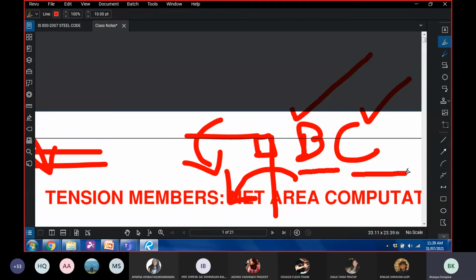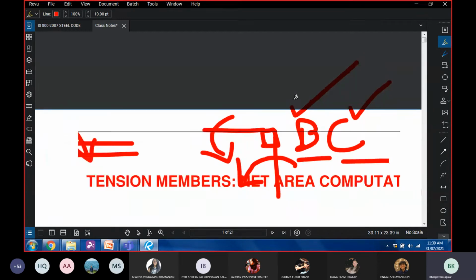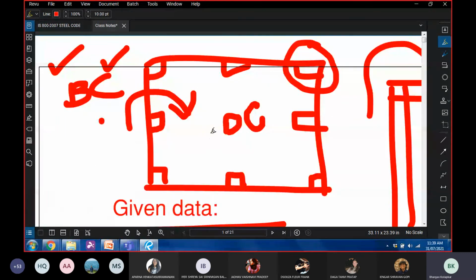So it is a beam as well as a column. These members are called beam columns. Therefore, in my example, I say interior columns of buildings, because an interior column might be subjected to lesser bending moment as compared to the columns at the periphery. And therefore, this is an example of a compression member. This is not.